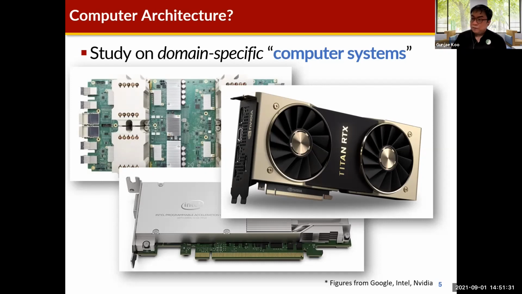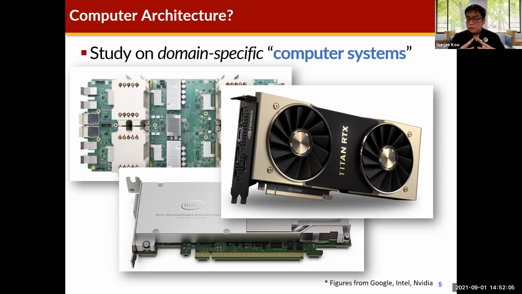But recently, we are using domain-specific processors or domain-specific architectures. What does that mean? This type of processor accelerates the execution of a certain domain of applications, something like games, videos, machine learning, neural networks.